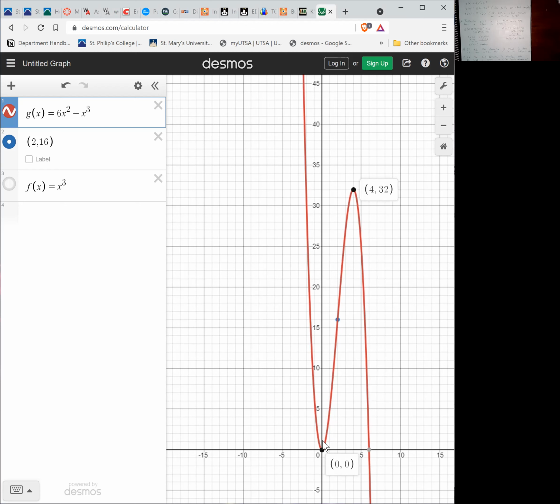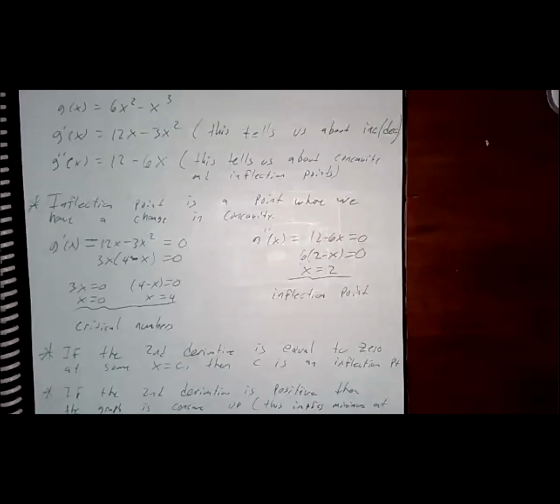See how the slopes are increasing and then suddenly at the peak, the slope is 0. So that's why we set it to 0, because we know it happens at local maximums or minimums. Same thing with the inflection point. So we choose it for a reason, and when we solve it, we have the x values we need.